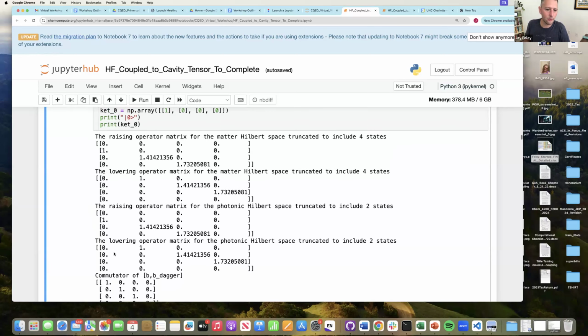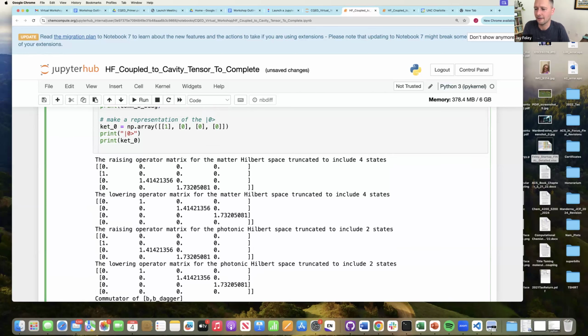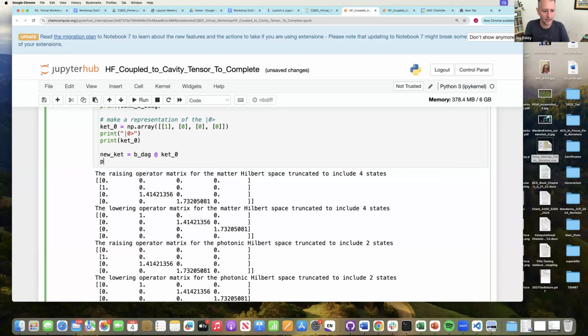Now I want to see what happens if I take the action of the raising operator on the zero ket. So I'll say new ket is equal to b dagger at ket 0, and I'll print new ket.